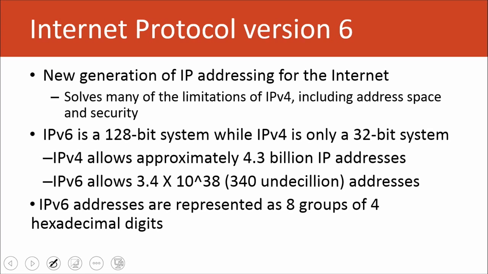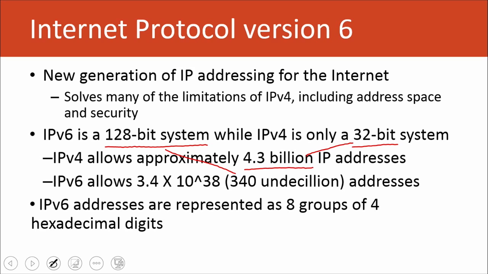The difference between the two is that IPv6 is 128 bits, while IPv4 is 32 bits. And so IPv4 is approximately just 4.3 billion IP addresses. That's the result of 32 bits, whereas 128 bits results in 340 undecillion addresses.